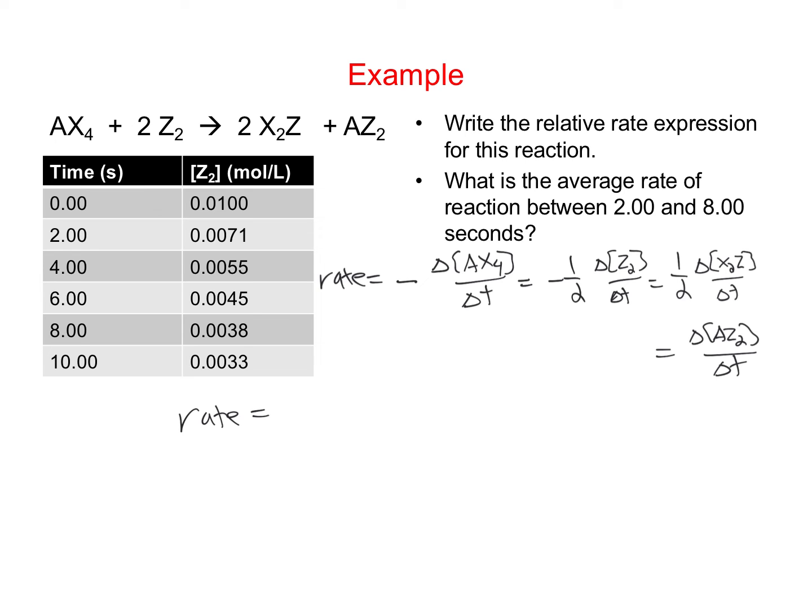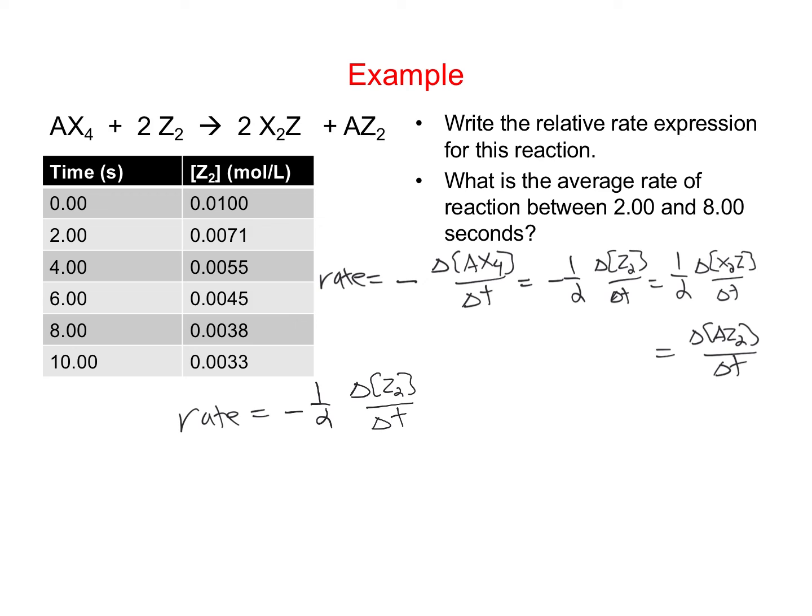So it's going to be minus 1/2 delta Z2 delta T. And then we can use the concentrations for the times that we're given. We'll do the concentration at time 2 minus the concentration at time 1 divided by time 2 minus time 1.